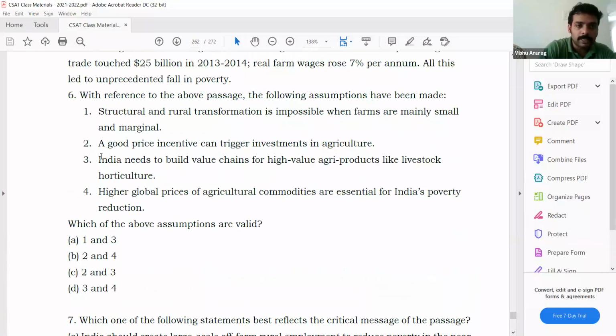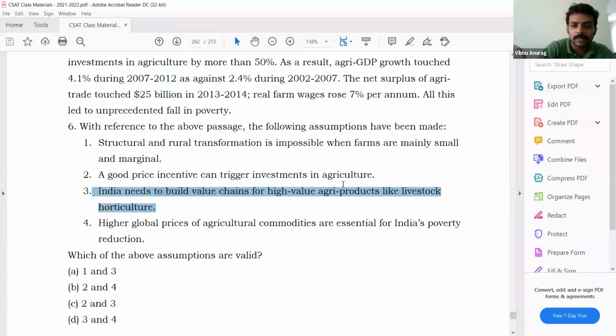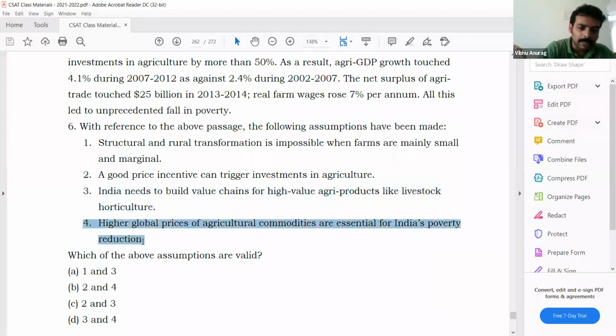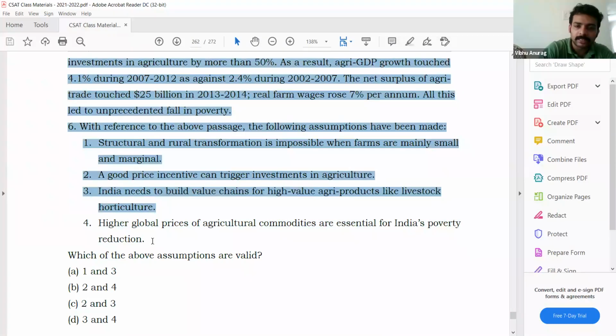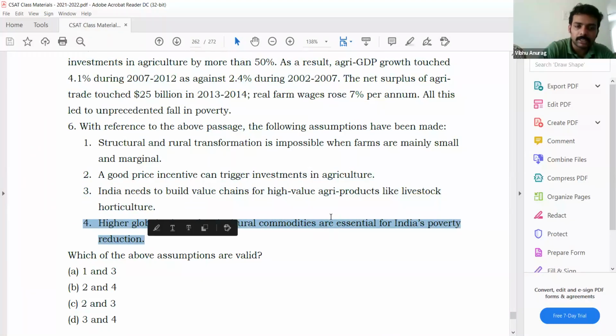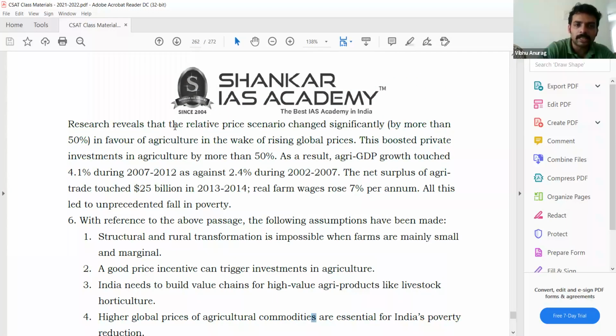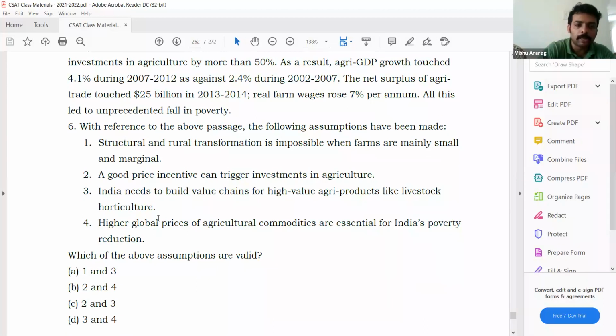Then third one, India needs to build value chains for higher value agri products like livestock, horticulture. There is no mention of that. So 3 is wrong. And 4, higher global prices of agricultural commodities are essential for India's poverty reduction. So yes, that can be implied, because the poverty reduction happened when global prices increased. So 2 and 4 are valid.